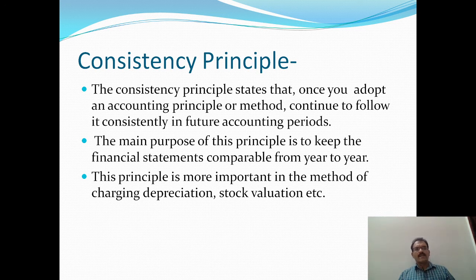Then the main purpose of this principle is to keep the financial statements comparable from one year to another. Then only we can ensure the comparability of financial statements. Suppose a firm uses one accounting principle in one year, then another principle in another year, then another principle the next year, then we can't compare the financial statements of that particular firm of one year with that of another year.